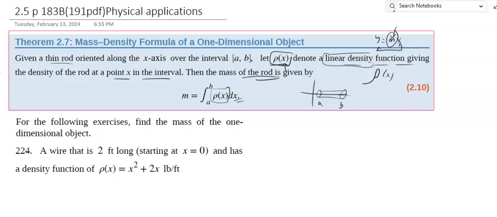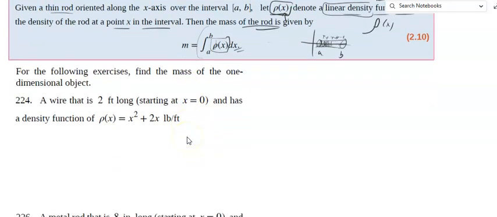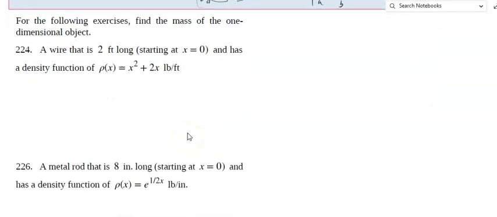And remember what this does: it slices the rod into an infinite amount of thin slices and sums them up. So to find the mass in one dimension is fairly simple. All you have to do is say the mass is the integral of rho of x dx from A to B.